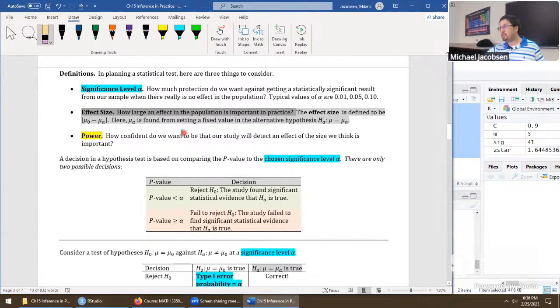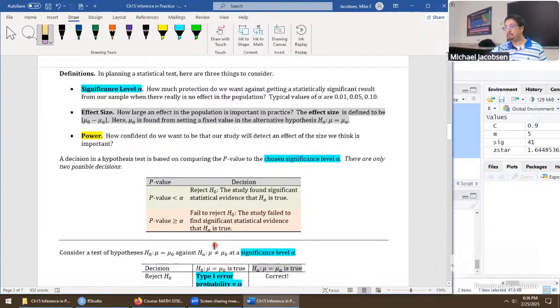And down below here, we don't say this effect size necessarily when we form our hypotheses. This is something that will have to be extra information when we're just doing the whole planning phase of testing hypotheses. So the effect size is defined to be the distance between mu naught, the statement of your null hypothesis, and some value mu A. That's the mu A you see down here in this specific alternative hypothesis.